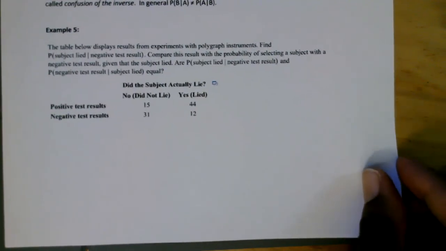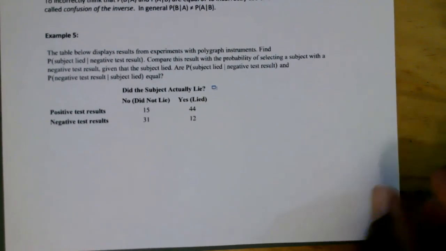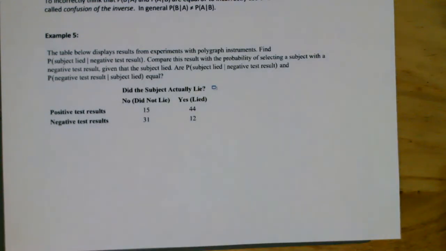the table below shows results from experiments with polygraph instruments. And here I want to find the probability that the subject lied given a negative test result. Compare this result with the probability of selecting a subject with a negative test result given that the subject lied. Are those two equal?